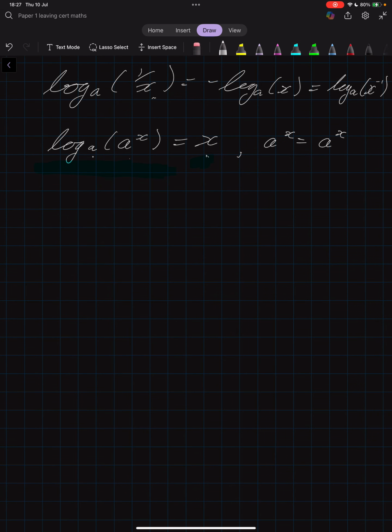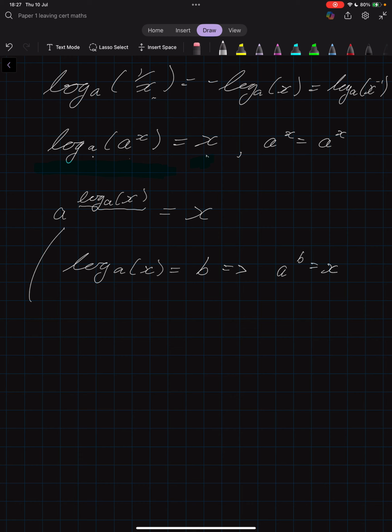You have a to the power of log to the base a of x. This also equals x. Because again, if you let log to the base a of x equal, say, b, this means that a to the power of b equals x, okay?